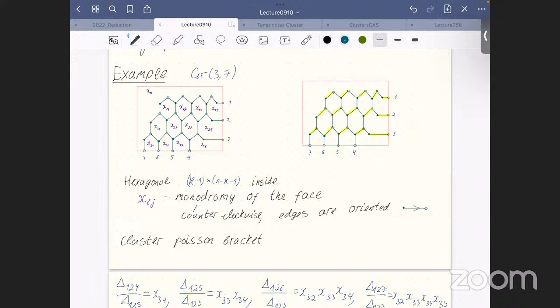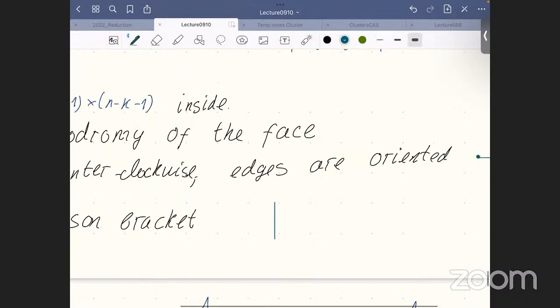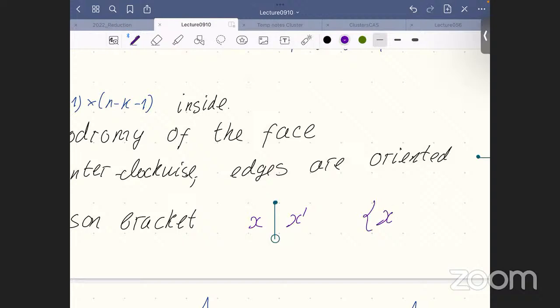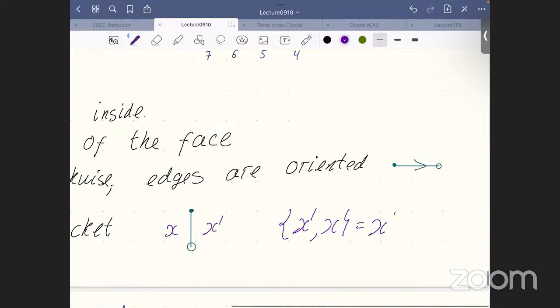It means that in principle, if we have two vertices which are connected by such an edge, here x and x prime, then the Poisson bracket of x prime and x is equal to x prime x.